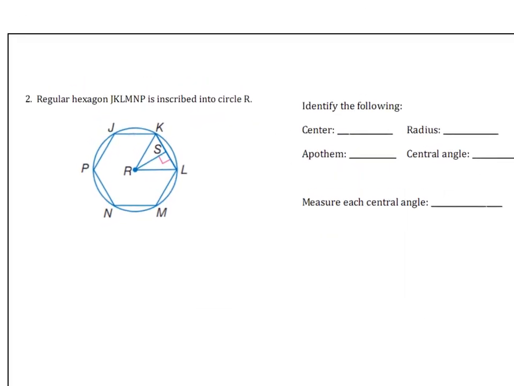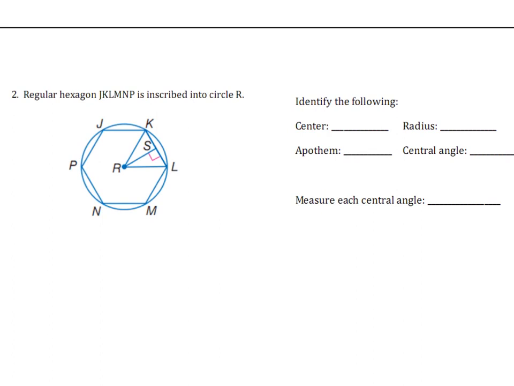Here I've got a hexagon, so the shape gets a little more complicated. My center is going to be R. My radius is going to be either RK or RL. My apothem is going to be RS. Notice it's got to go to the middle of this side. It's got to be a perpendicular bisector to that line.